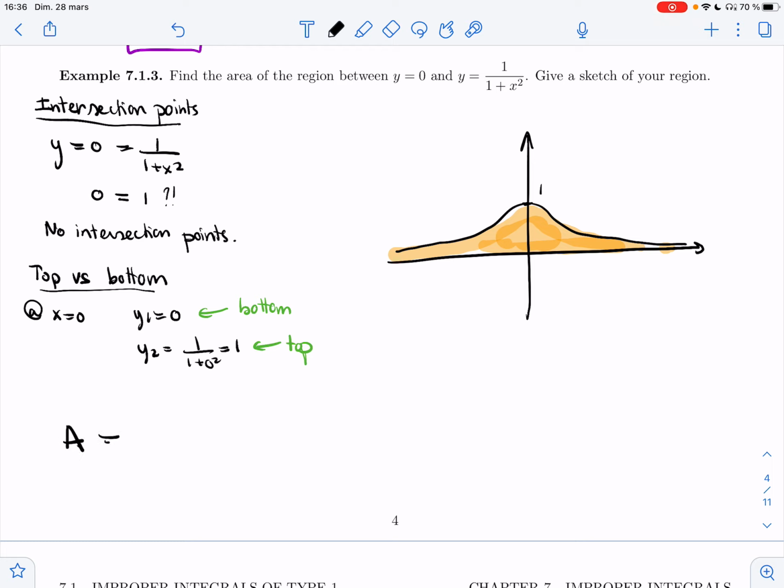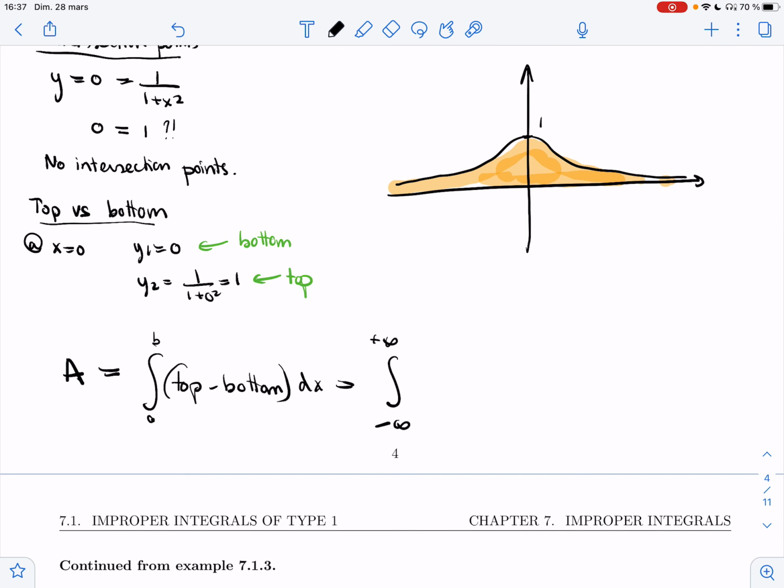That means the area is top minus bottom, A to B. I don't have an ending to any of this, so I'm going to get minus infinity to plus infinity. We said the top was y equals 1 over 1 plus x squared, so that's what I'll put in first, and then bottom is 0.